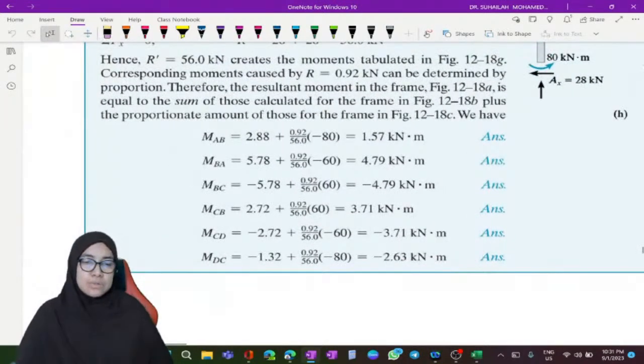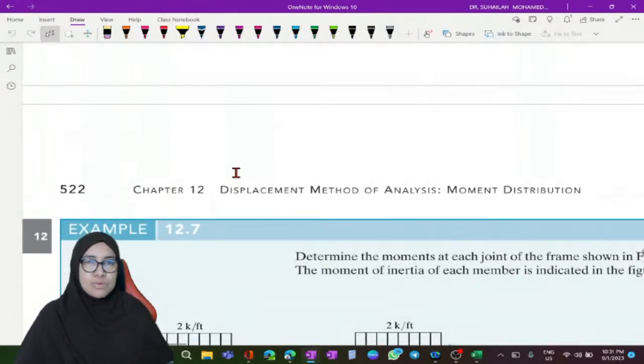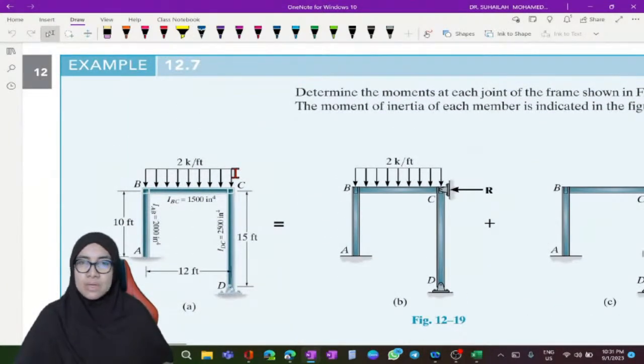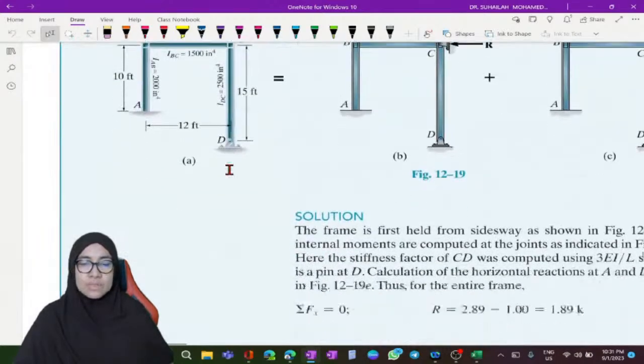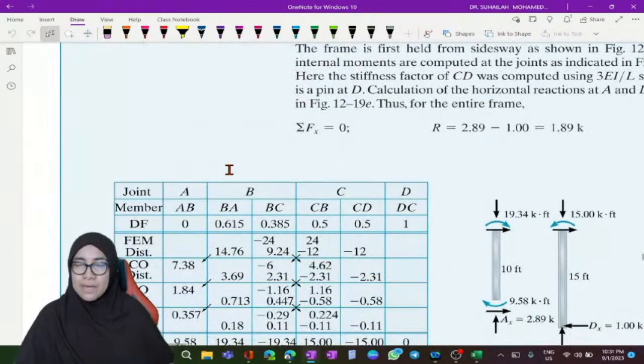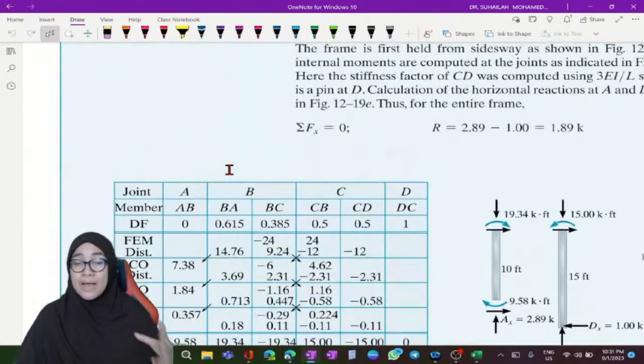Actually I am just showing you this for you to understand the process of the moment distribution method for frame, because after this we will focus more on the frame with sidesway whenever EI is not constant, L is not constant. Because when the length is not constant and EI is not constant, of course you have to be careful whenever you find the K value and DF, as well as whenever you want to assume the FEM.